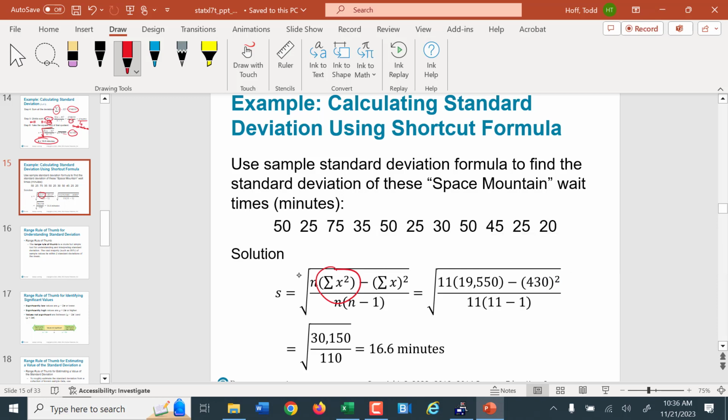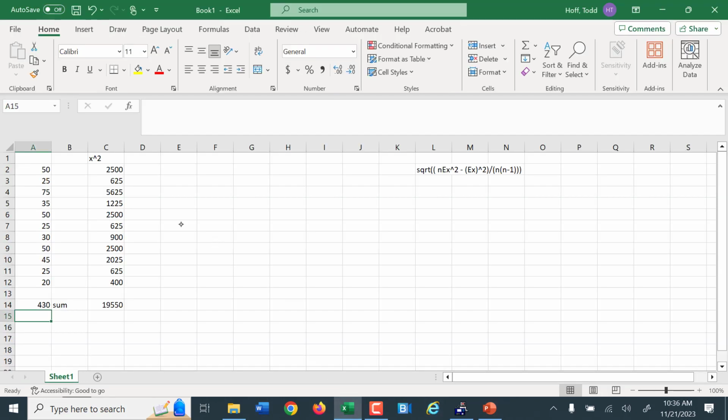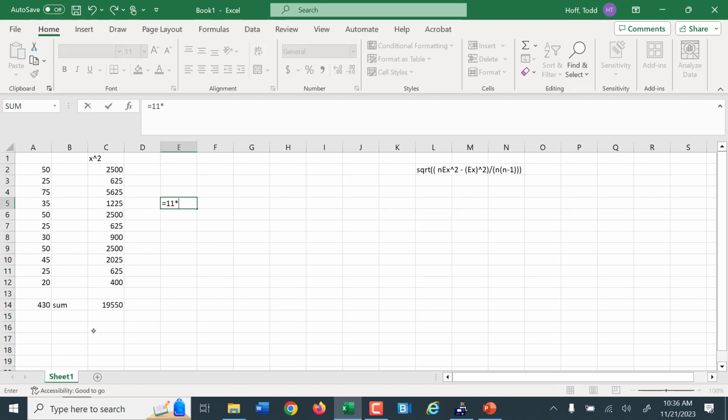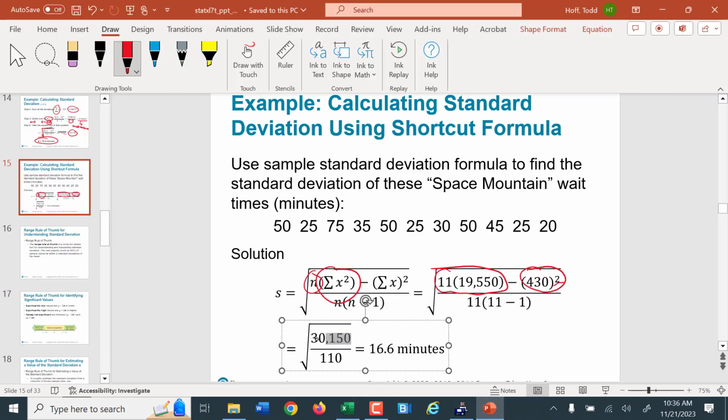So it's n, which is 11, times the sum of the x squareds, minus the 430, which is the sum of the x's, squared. So 430 squared. I'm just going to do equals 11 times the sum of the x squareds minus the 430, the sum of the x's squared, giving us the 30,150, which is exactly what we have at the top of our square root in here.